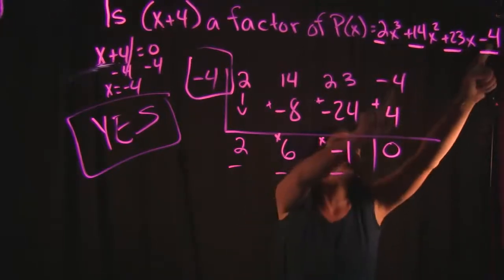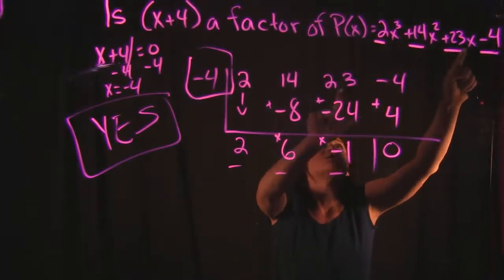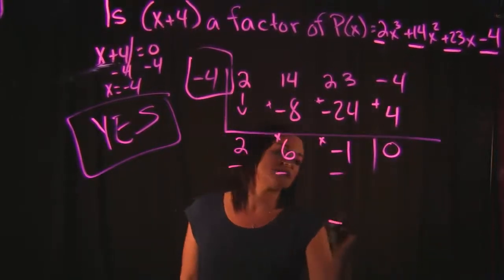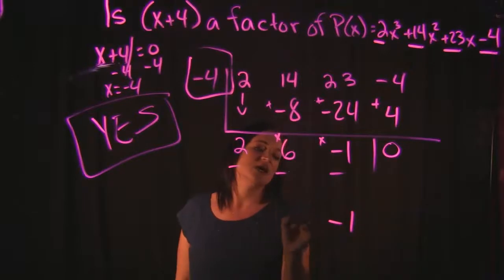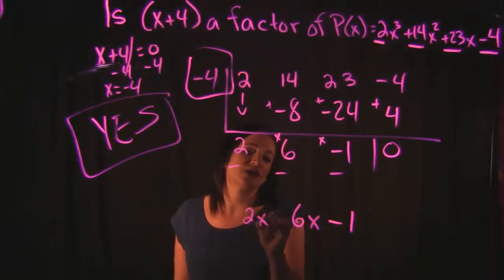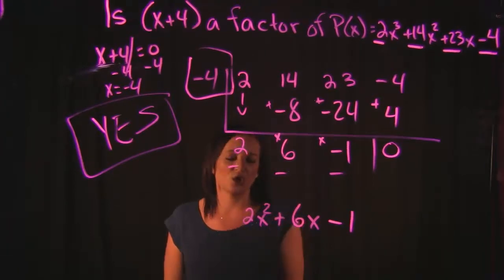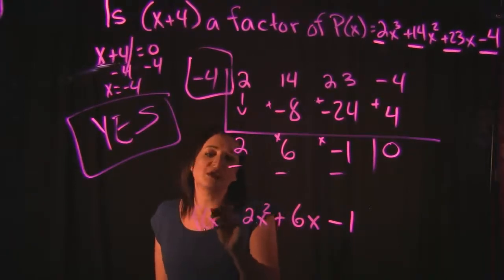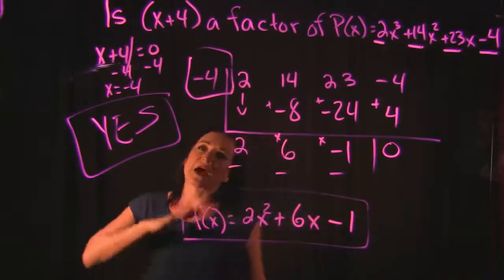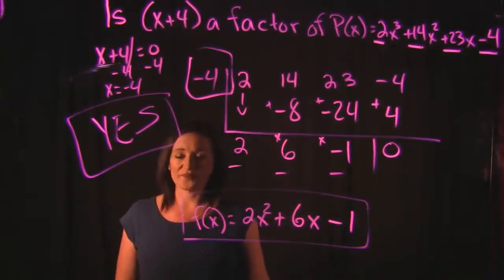Your rightmost number is your constant, then x to the first, x to the second, x to the third, and so on. So the negative 1 is my constant, the 6 is my x to the first coefficient, and the 2 is my x to the second coefficient. This would be the remaining polynomial that we would get after factoring out the x plus 4.